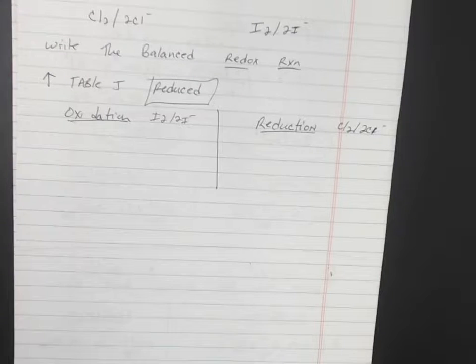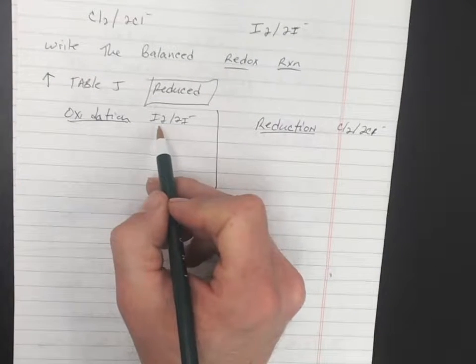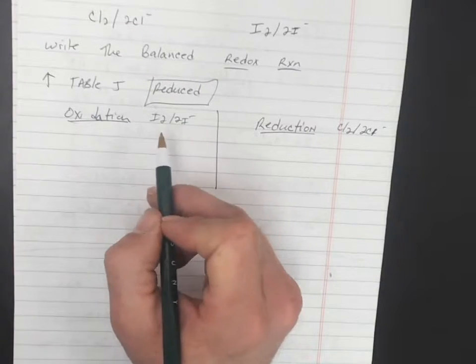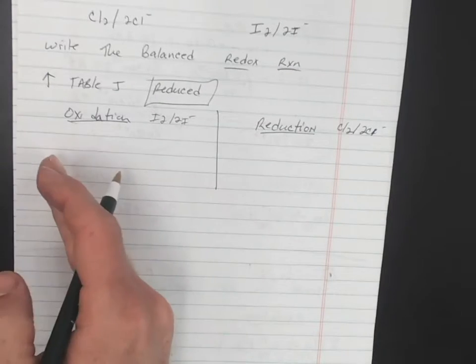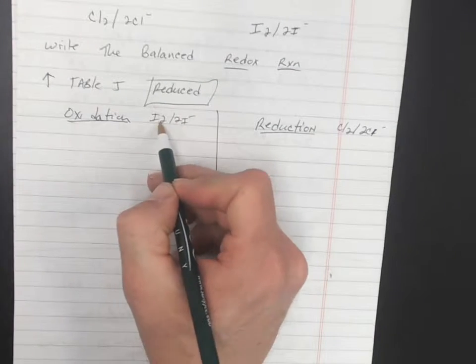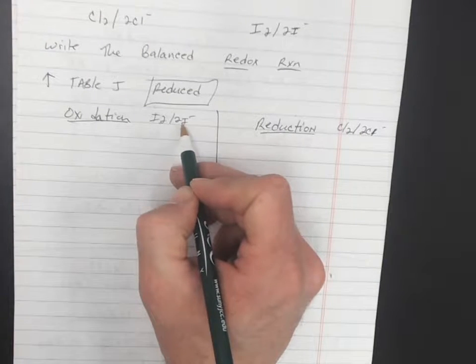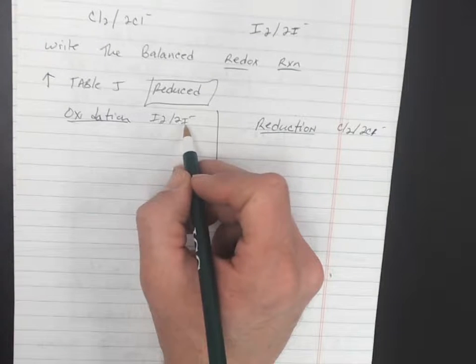And here's what it is for most people, because I know you said you needed help with this. It is probably saying, which one of these do I pick to start with? Do I pick the I2 to start with for oxidation, or do I pick the other one to start with the oxidation?